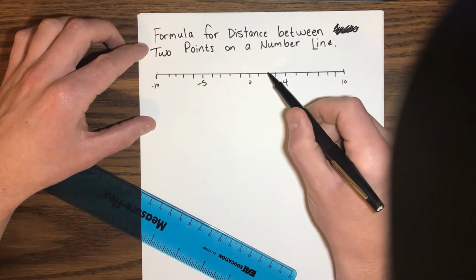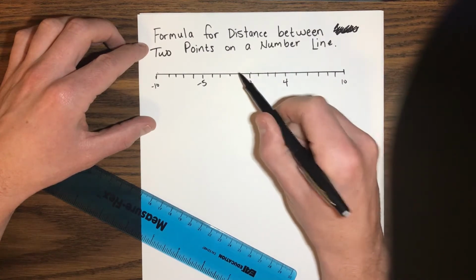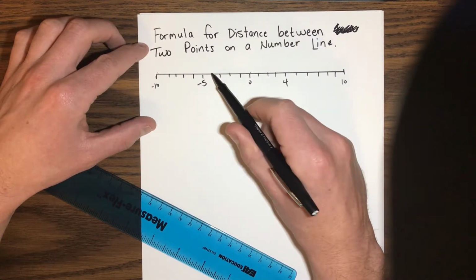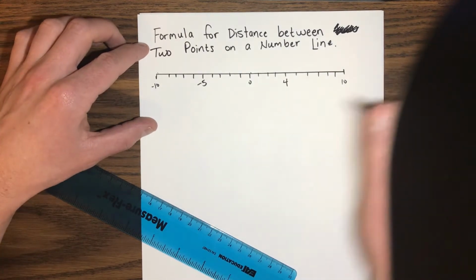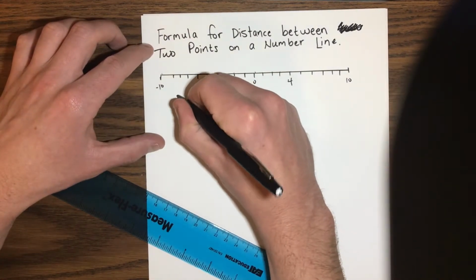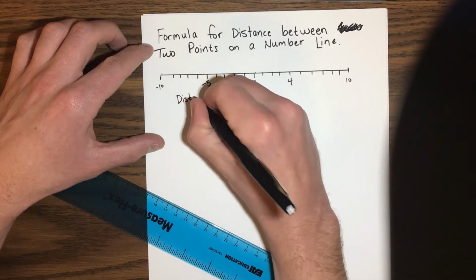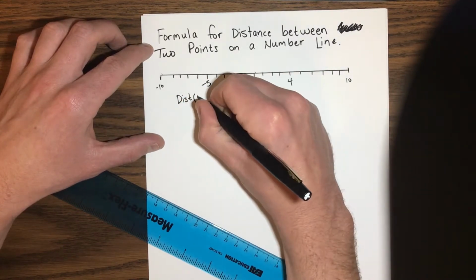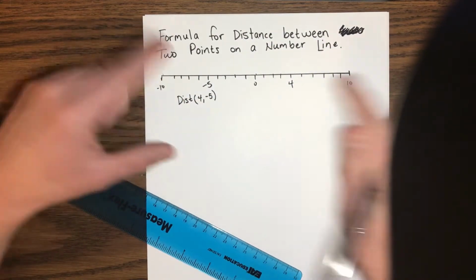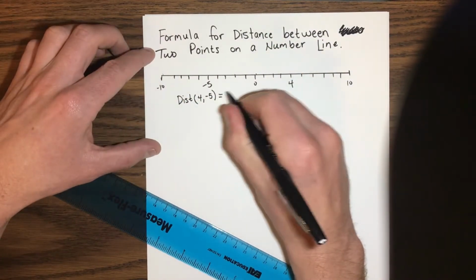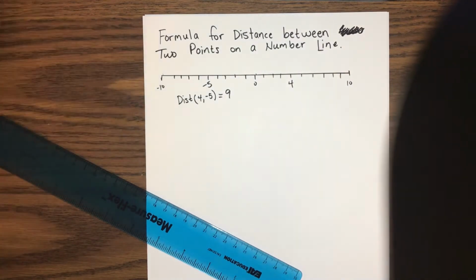So 1, 2, 3, 4, 5, 6, 7, 8, 9. So there's 9 spaces between these 2 points. And the way you would write that is that the distance between 4 and -5, or -5 and 4, it doesn't matter which way you write it, equals 9.